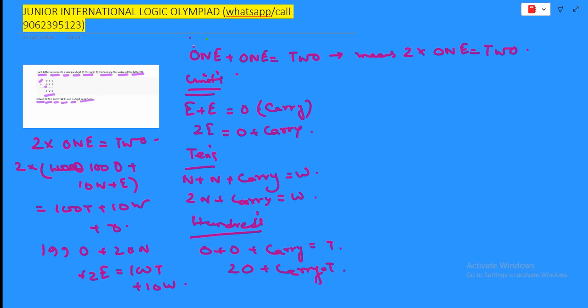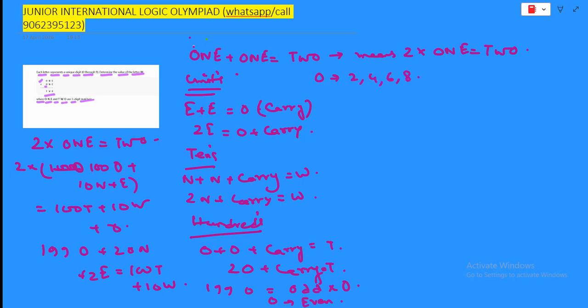So 199 is odd, so O must be even. Now the possible values of O are 2, 4, 6, 8.